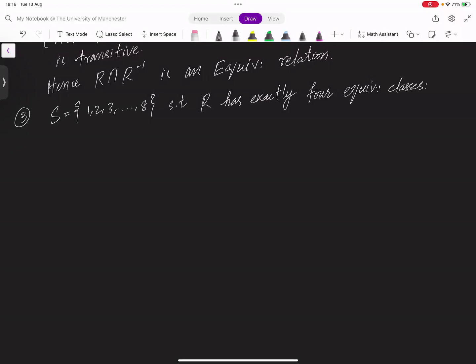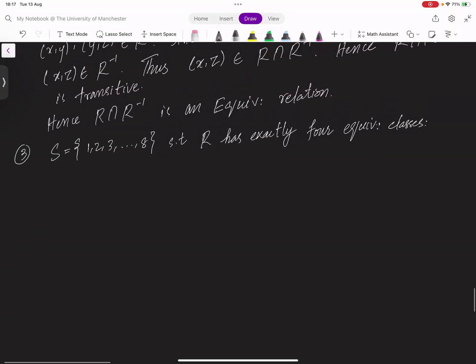Give an example of an equivalence relation on the set such that R has exactly 4 equivalence classes.